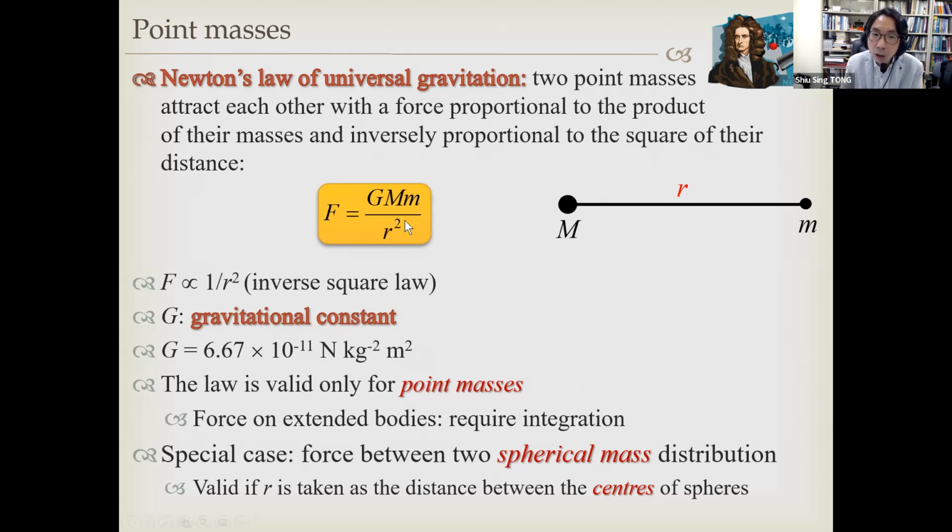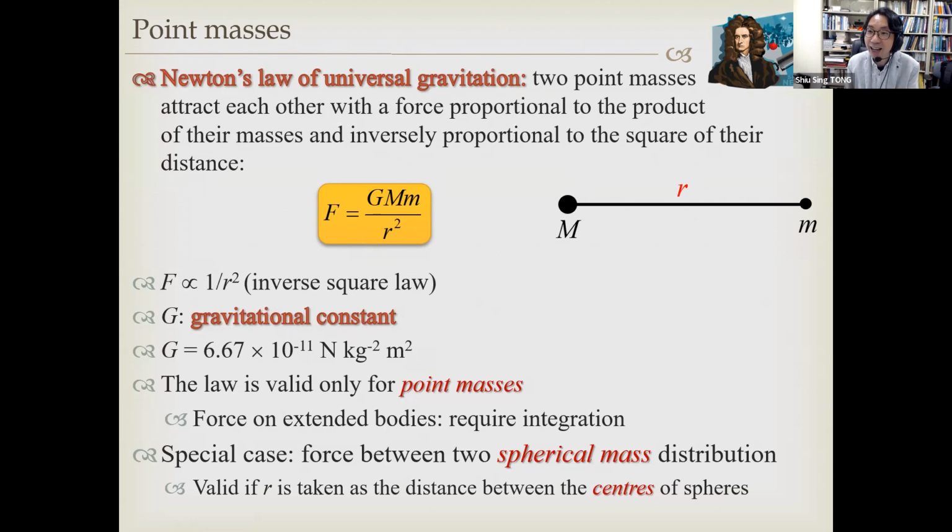Now, this form of the force law is also called the inverse square law force. By inverse square law force, I mean the force is inversely proportional to the square of the distance. Many forces in nature are inverse square law forces. For example, the gravitational force, and also for two static charges, they attract and repel each other by Coulomb's law.